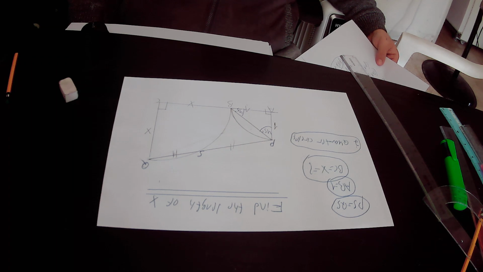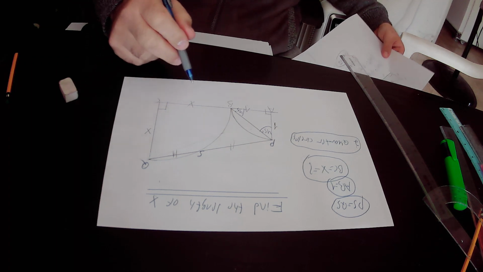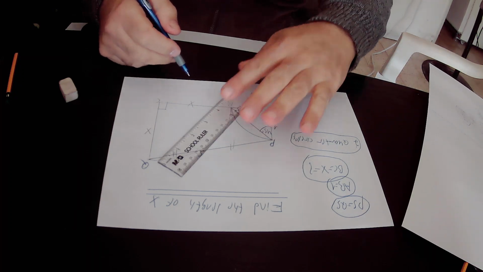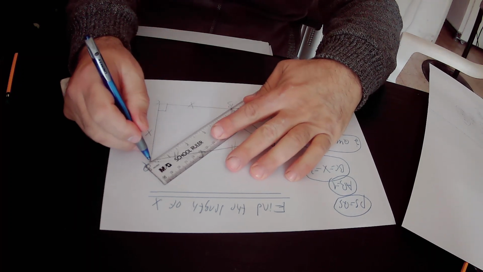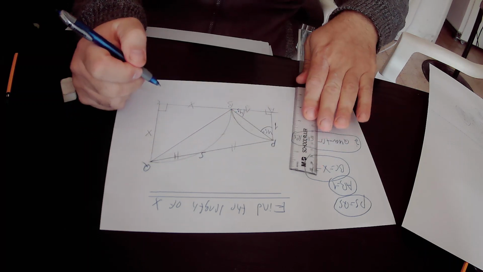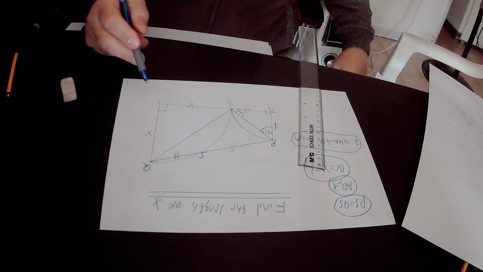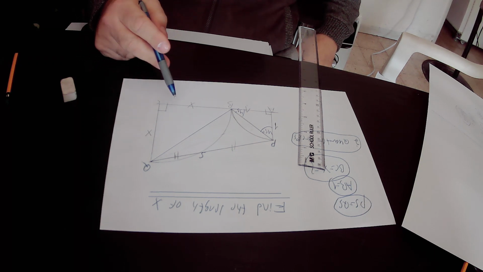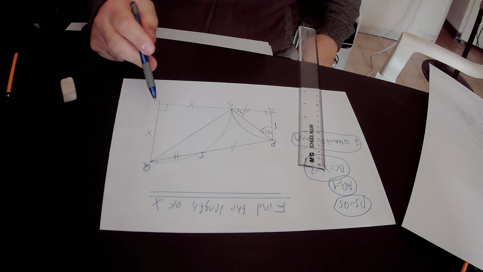We'll join points Q and B together by a straight line. By joining points Q and B, we created the right triangle, triangle QCB. So I'll copy the right triangle QCB in the new page and we'll implement the Pythagoras theorem on this right triangle.